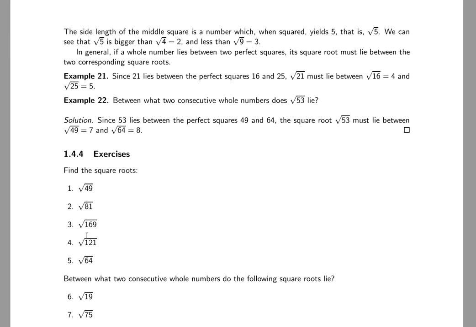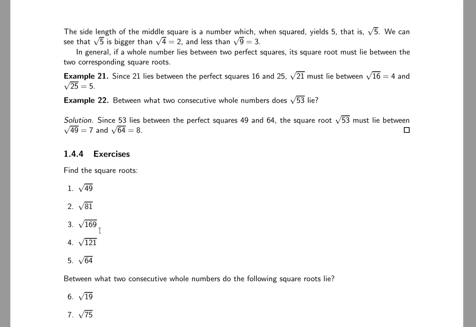An example here: what's the square root of 169? If we're doing this by hand, then the only way to do it is really trial and error. So you could say, is the answer maybe 10? Well, 10 squared is 100, so 10's too small. How about 12? 12 squared is 144, still too small.